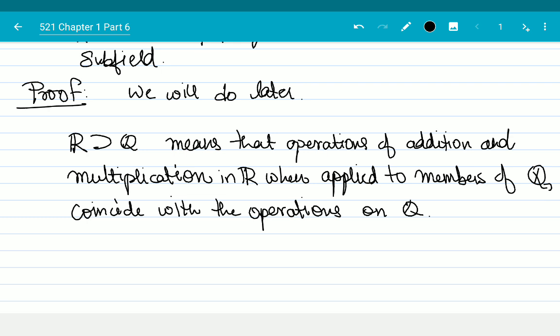And then we are going to jump into a theorem, which in the book is I think 1.20. Let me just write it as 1.20.